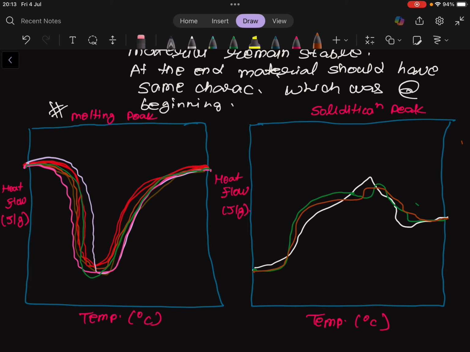Here we are having coarsening of fine particles, and here we are having reduction of coarse particles.